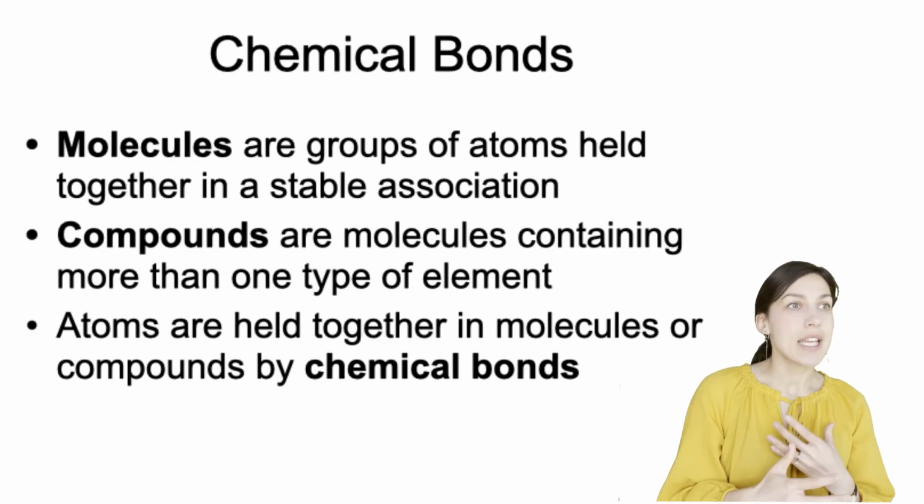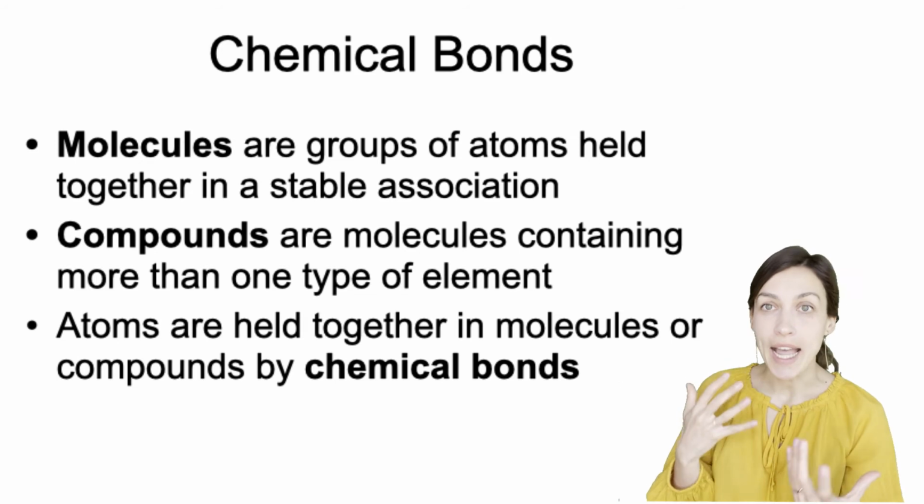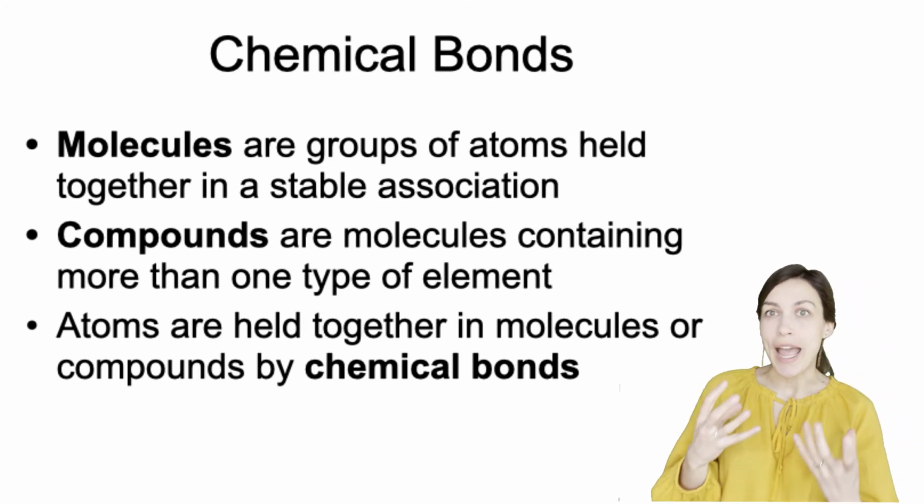So in general it's called the octet rule, but for helium and hydrogen, same principle, but they don't need 8, they only need 2. And it's this need to gain or lose or share electrons in some way to get that valence electron shell filled that motivates these atoms to interact with other atoms.